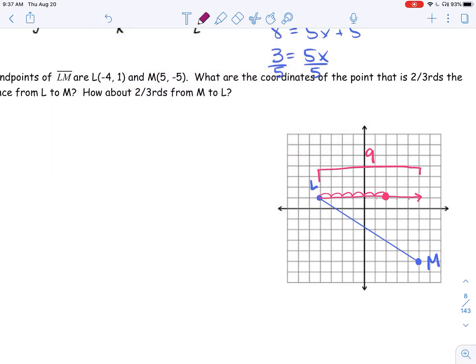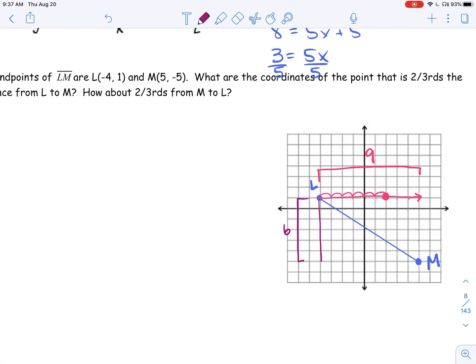Now, let's look at it from the perspective of the y's. So if I want to go from L to M, here's L and M down here. Again, we're going to split it into thirds. So this is 1, 2, 3, 4, 5, 6 total spaces. And if I go 2/3 of that, a third of 6 is 2.